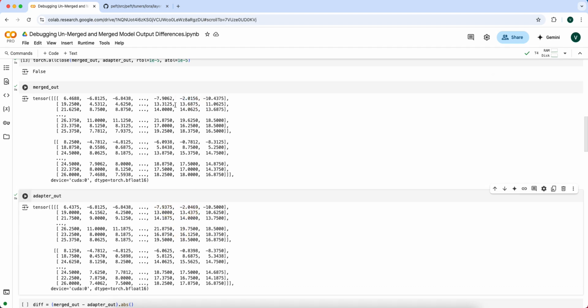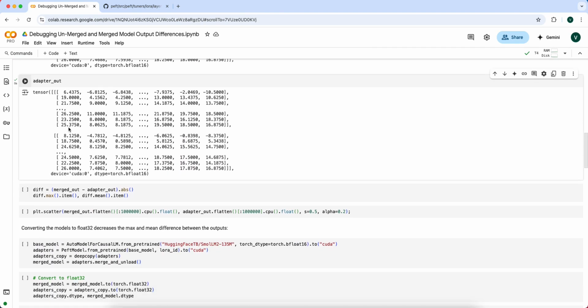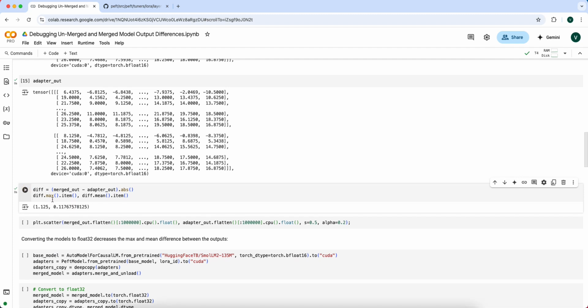So we can visually inspect and see that these outputs are not the same. If we look at the maximum difference and the mean difference between these two tensors, we can see that there are some values where the difference is 1.125, which is obviously significant given that some of these values are between 0 and 1.